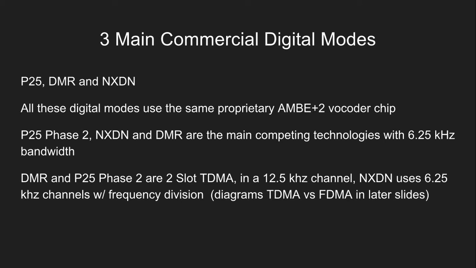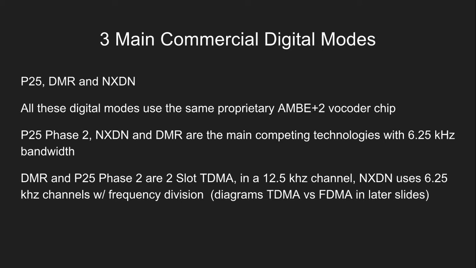It's just variations in the manufacturing process after the manufacturers get these chips that makes it a different type of digital mode. Alright, P25 Phase 2, NXDN, and DMR are the three main competing technologies with 6.25 kilohertz bandwidth.